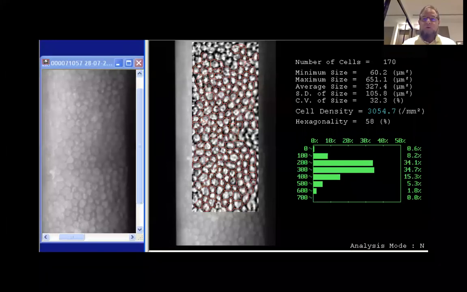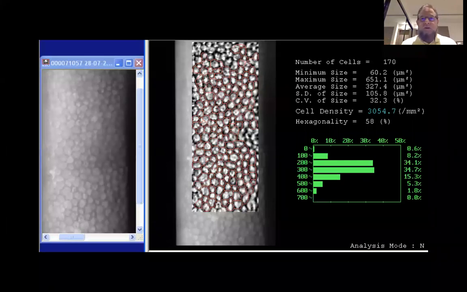We have to do the specular microscopy even if we are doing cataract. So usually in the specular microscopy, we look for three parameters. The first one is the hexagonality. The second one is the cell density. The third one is the CV index or polymegethism. The hexagonality should be at least 60%.